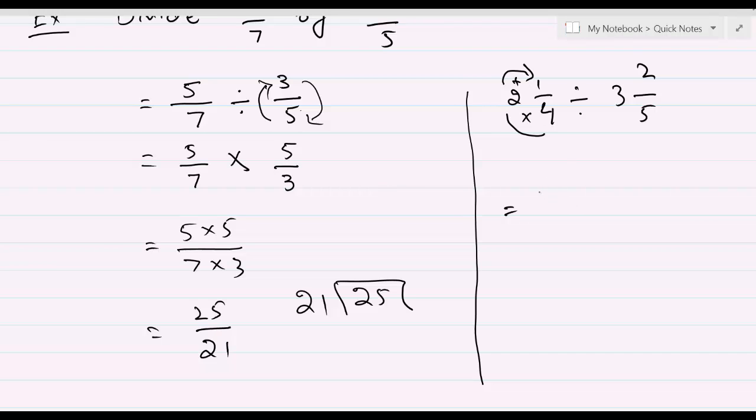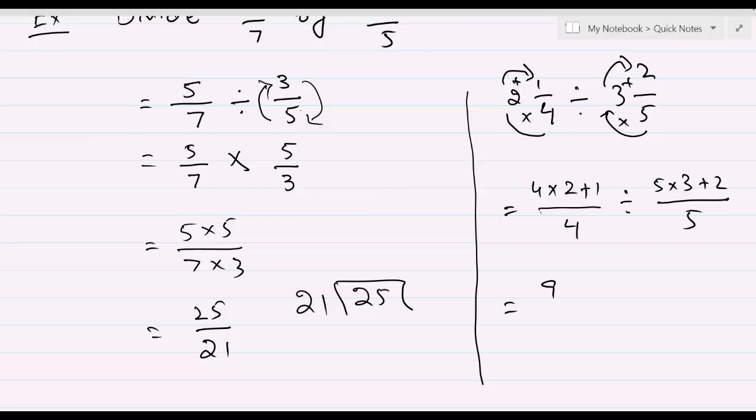So 4 times 2 is 8, and then add 1, and 4 is the denominator, divided by. Similarly, we multiply this and then add this number. So this would be 5 times 3 plus 2 over 5.